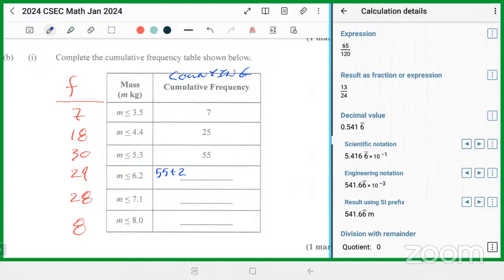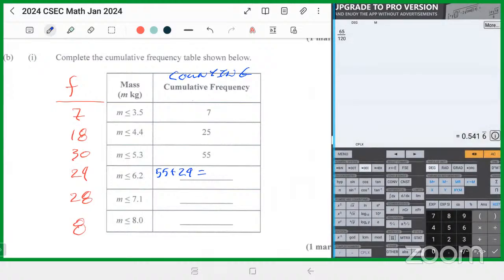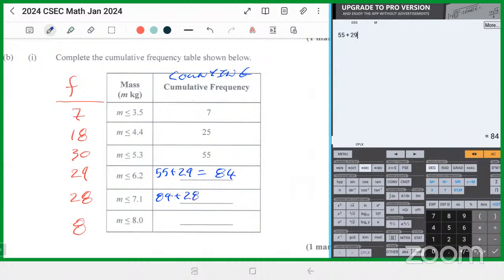It's actually 84. Let's just make sure. So it's 55 plus 29. Yes, 84. And then it's the 84 plus this 28 more babies. So I'm going to add another 28 to this, and that becomes 112.